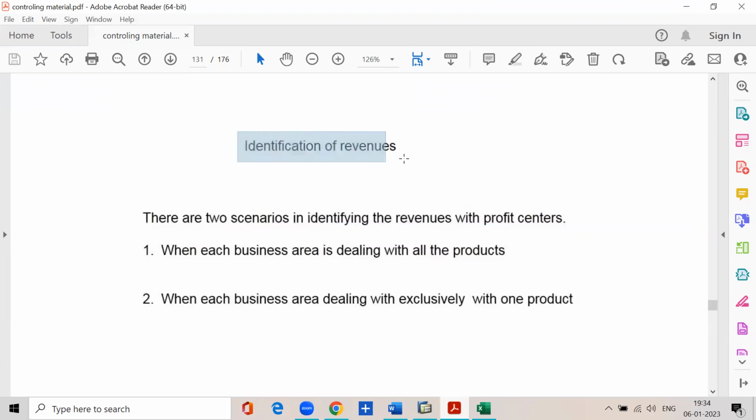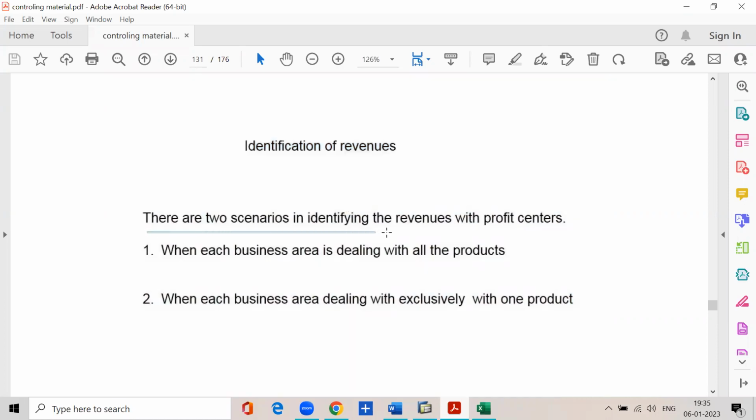Right after "identification of revenues," please write down: the revenues are identified with the profit centers on the basis of business area.